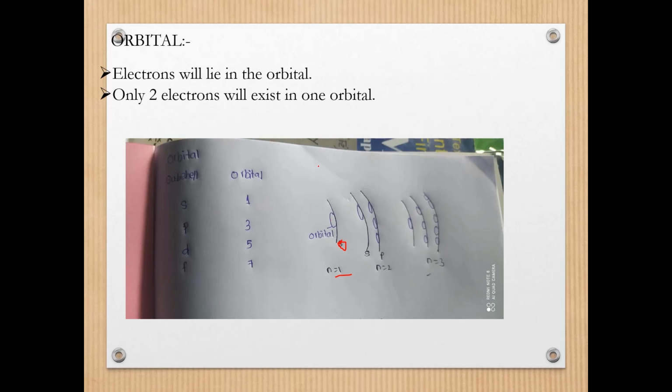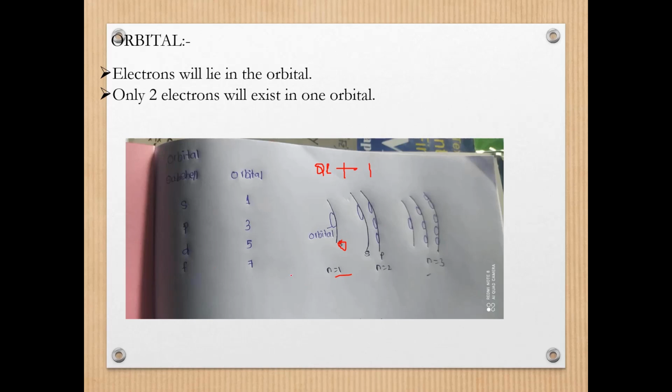For the number of orbitals we have the formula 2l plus 1. For n equal to 1 we have l equal to 0, and the number of orbitals is 2 into 0 plus 1, that is, one orbital.